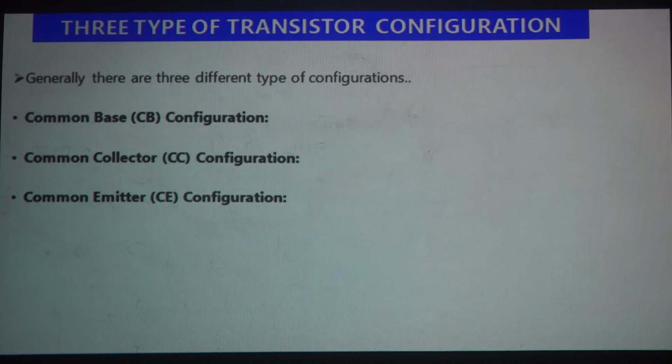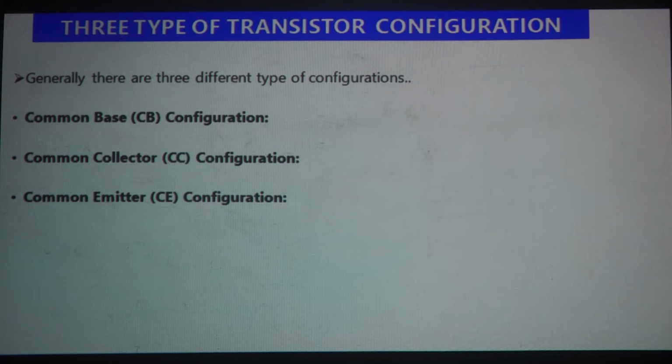Now we see the transistor configuration. There are three types of transistor configurations. The first configuration is the common base configuration, which we call the CB configuration.